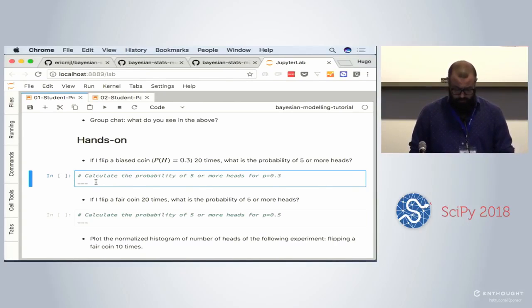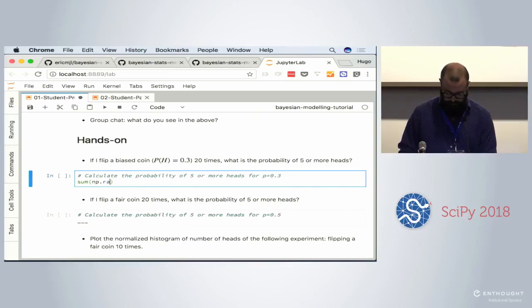So what I'm going to do is just take you through this. We're flipping it 20 times, so once again we're going to look at the sum, all the times we see 5 or more heads. We're going to generate a bunch of binomials: flip a coin 20 times with probability 0.3.